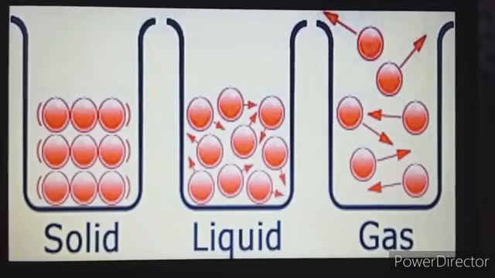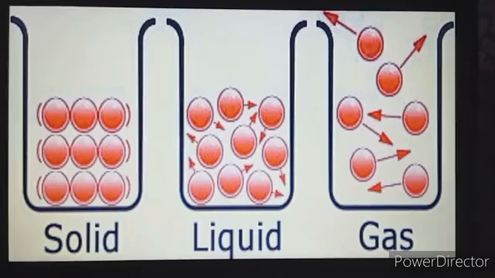Another property of liquids is that a liquid can be compressed only to a small extent. So, why is it that a liquid can be compressed only to a small extent? The reason is, as you can see in the module, in the center part, it is showing the molecules in the liquid.